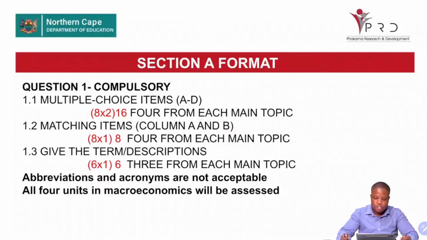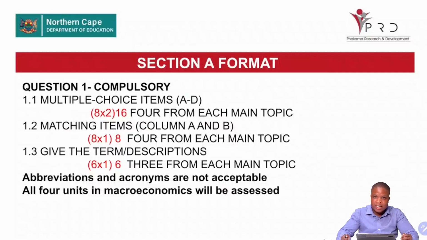And then 1.2 is matching items, matching A and B. Also is 8 questions. However, this one is 1 mark. And then 4 questions will be from macroeconomics. So 1 question can be from circular flow, the other business cycle, the other one public sector, foreign exchange, and then the other one from economic pursuit, protectionism and free trade, economic growth and development. So each unit can have 1 question there.